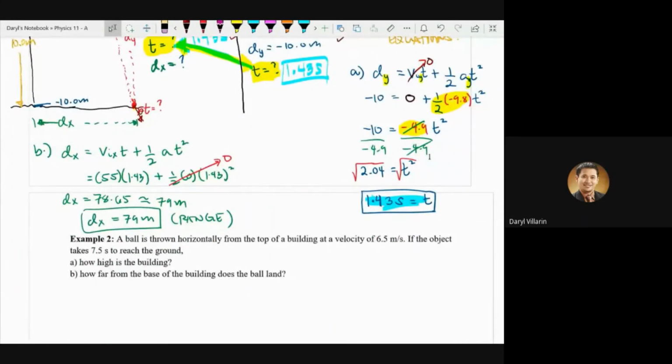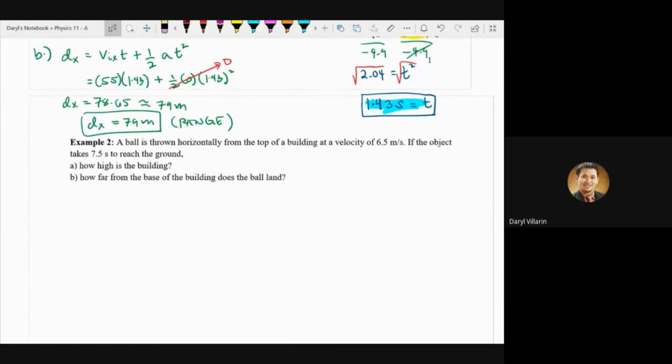A ball is thrown horizontally from the top of a building at a velocity of 6.5 meters per second. If the object takes 7.5 seconds to reach the ground, how high is the building? How far from the base of the building does the ball land? Again, it's always good to sketch your problem first.